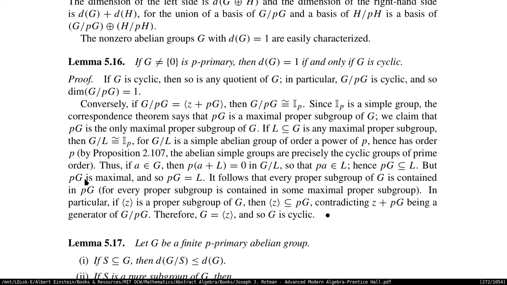Okay, so the integers modulo P is a simple group, because you're taking the mod with P, and the only divisors possible are 1, which would give you the trivial group, or P itself, which gives the whole group. Now, by the correspondence theorem, PG is a maximal proper subgroup of G. That's directly from the correspondence theorem.